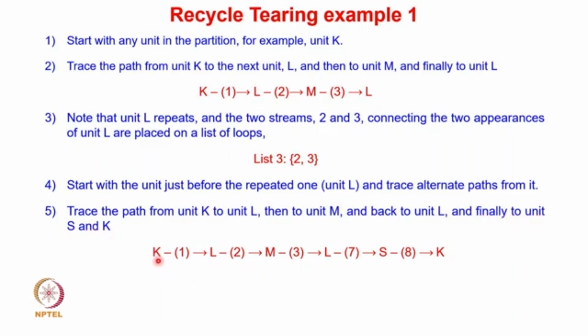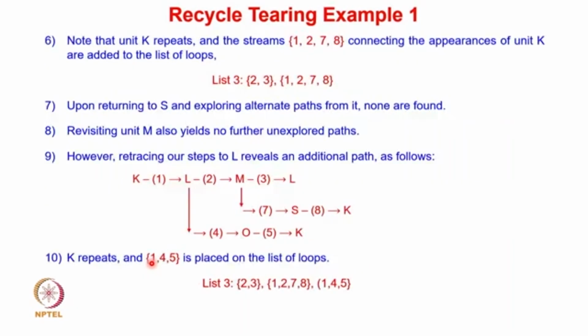So it is going from K to L, L to M, and from M to L it is going, but again from M it is going to S, and from S it is going to K, isn't it? So there is a loop between these two. So K unit is same, so there is definitely one more loop here. So this also we can represent in list 3.